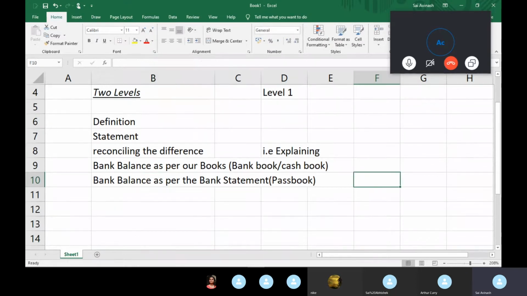This is given by the bank. This is prepared by our accounts department, by us.